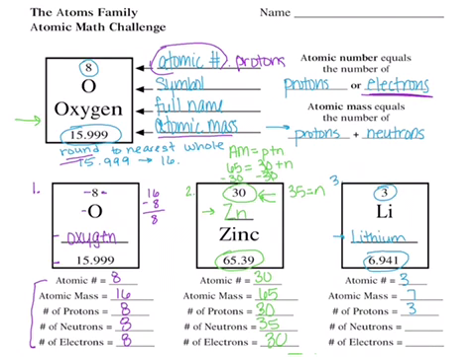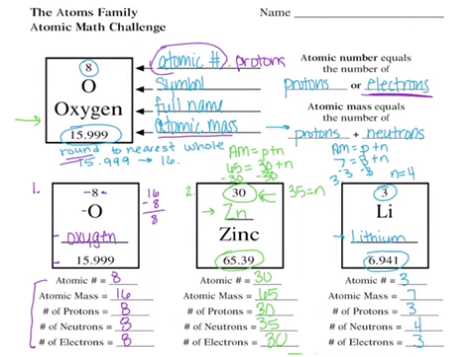For neutrons, atomic mass equals protons plus neutrons, so 7 equals 3 plus n. Subtract 3 from each side, and n equals 4, so we have 4 neutrons. And our number of electrons is equal to our atomic number, which is 3.